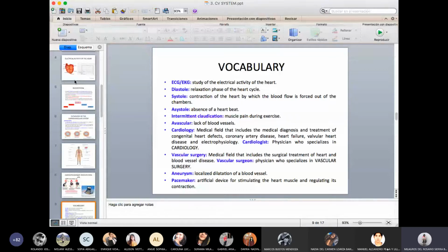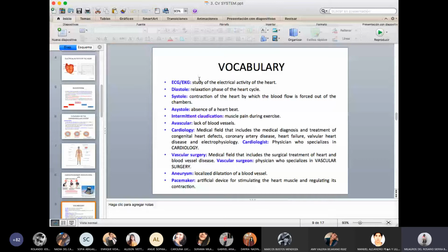Then the systole, that's the contraction of the heart when it's going to pump all the blood to the organs and to the extremities. Asystole, when there's an absence of a heartbeat. So how do you think the asystole is going to be represented in an EKG? As a straight line. Very good, like a flat line, no?